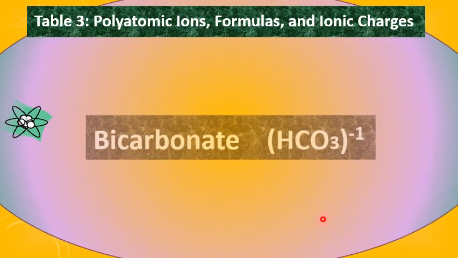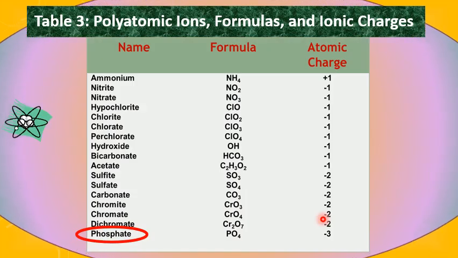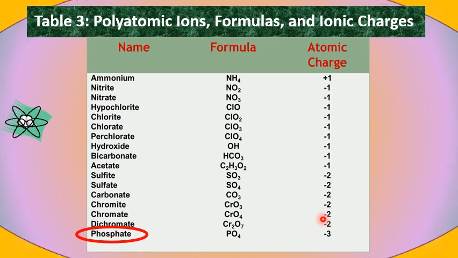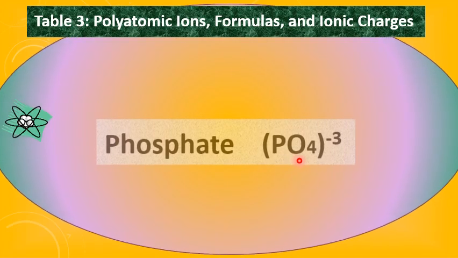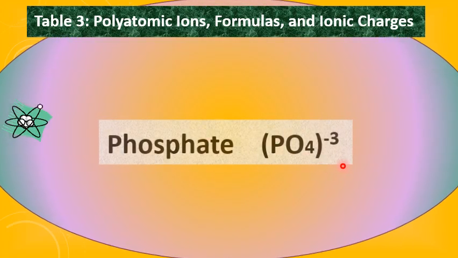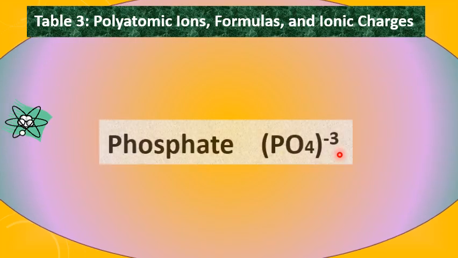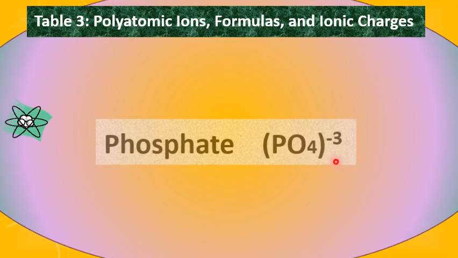And for our last example, we have phosphate, which has the formula PO4, and its ionic charge is -3.